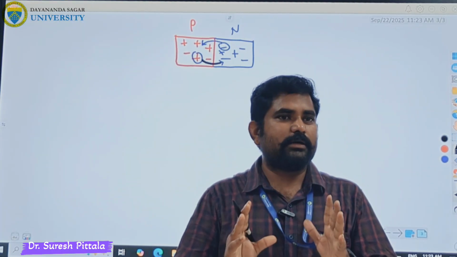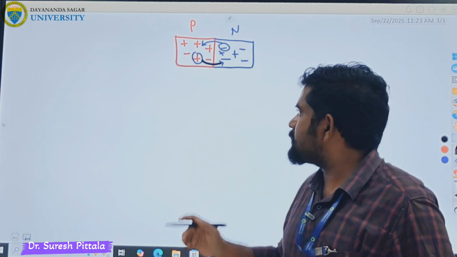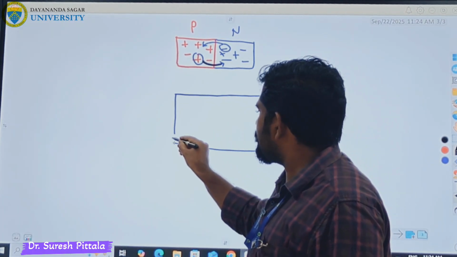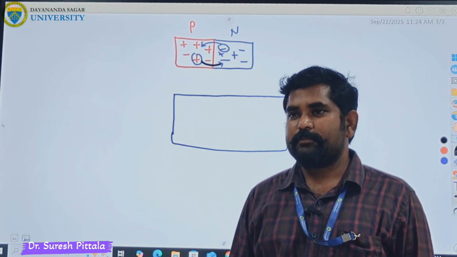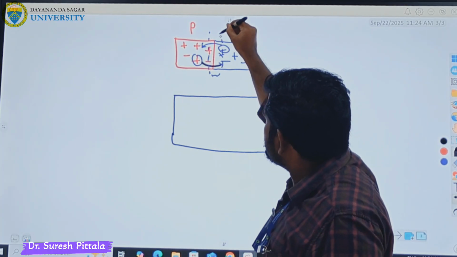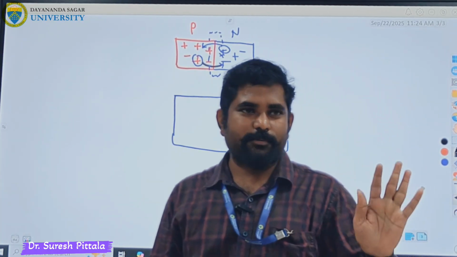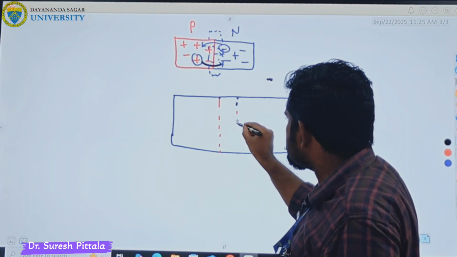Initially they recombine themselves, but after a moment, they will create their own electric field as a stopping barrier. Nature creates, at the surface here, a layer to say stop. Between them, a potential is formed.